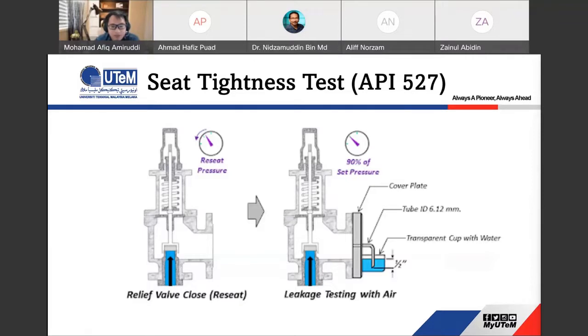You can refer to the table for how many bubbles per minute are produced. This is a bucket of water, and you can monitor the bubbles coming out from this tube. You can refer to API 527; they already provide everything.